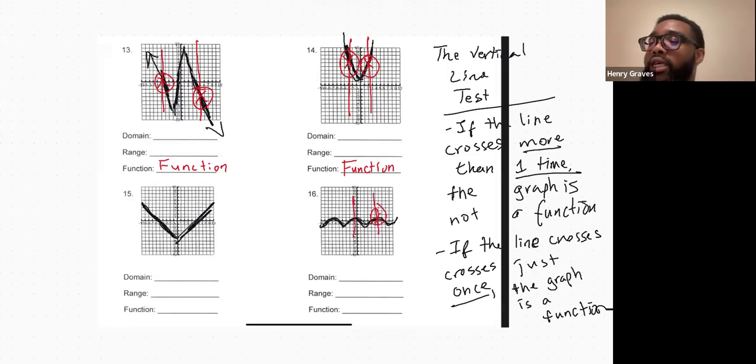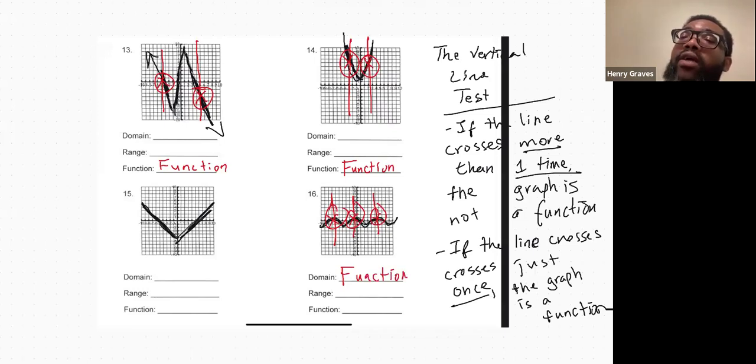Oh wait, I have to check out the other one, number 13, because that's not right. This is not a function, and I can prove why it's not a function. Check this out. Look at this. Oh wow, I didn't know I could even do that with this. Oh well, I'm getting better at this then.